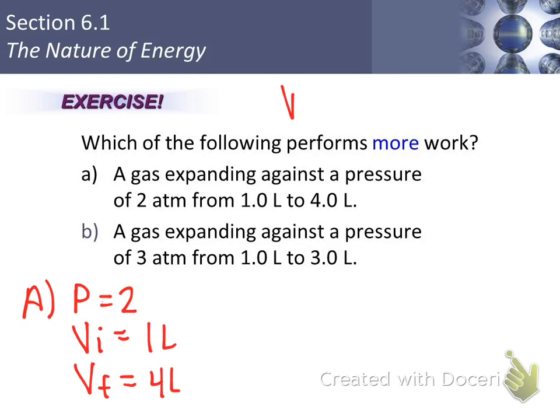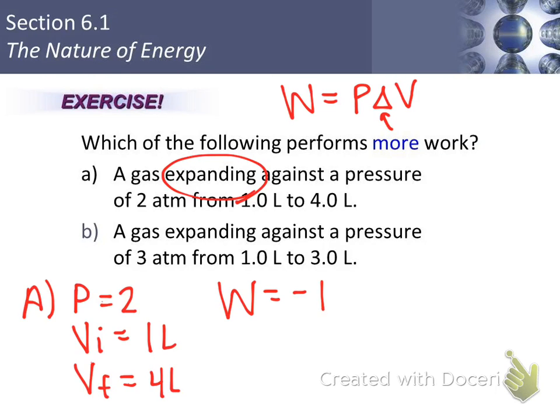When we set up our equation, work equals P delta V, what do we know this delta equals? Change in, or final minus initial. And we know our gas is expanding, so what does that mean we need to have? Negative P delta V, right?